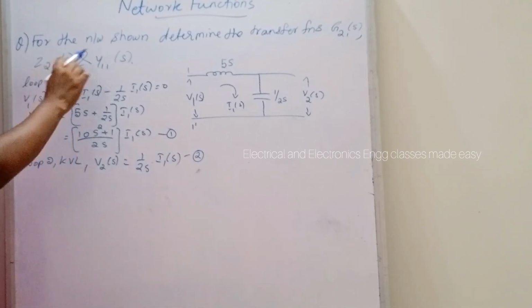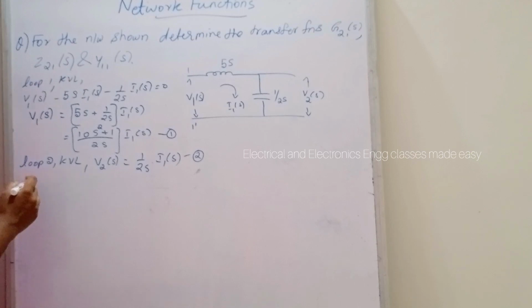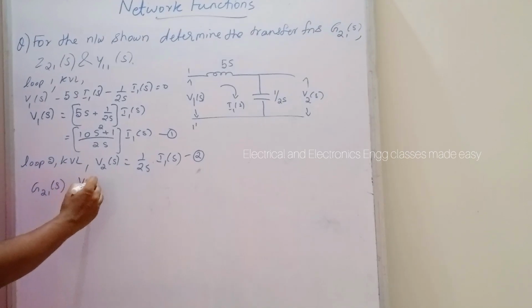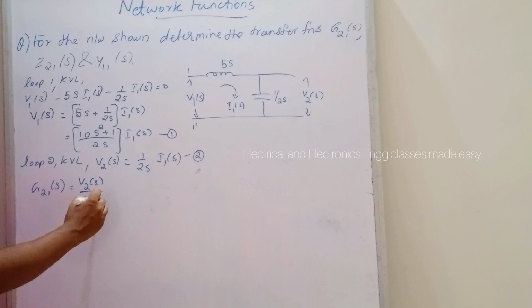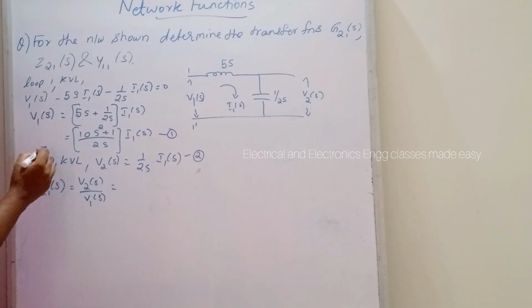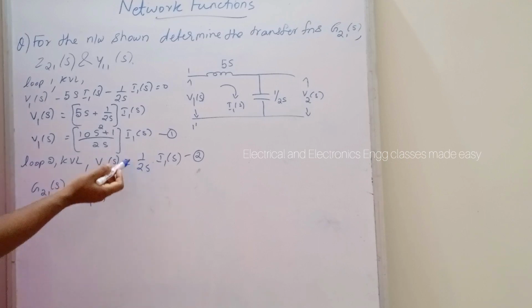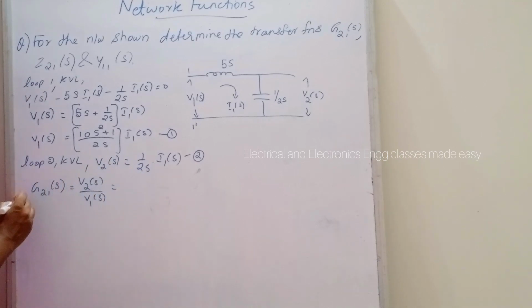Now we can find the value of G21 of S, that is voltage transfer ratio G21 of S is equal to V2 of S divided by V1 of S. So here this is V1 of S and this is V2 of S. So divide equation 2 with equation 1.